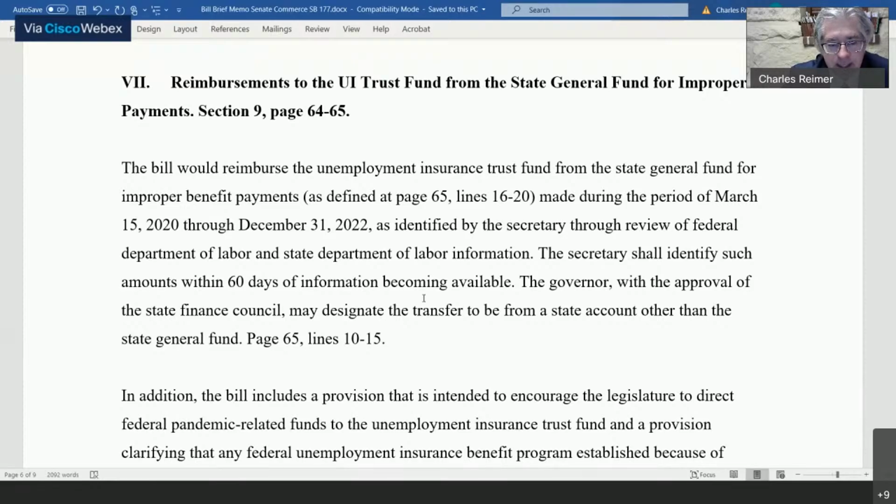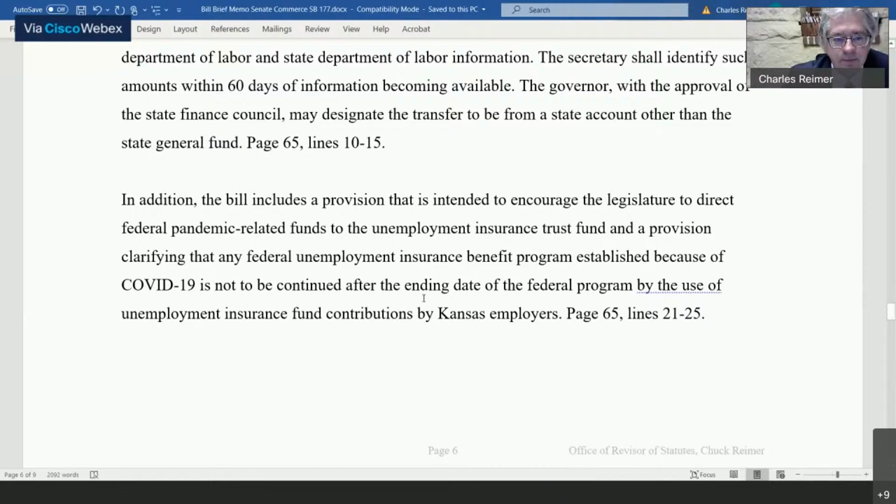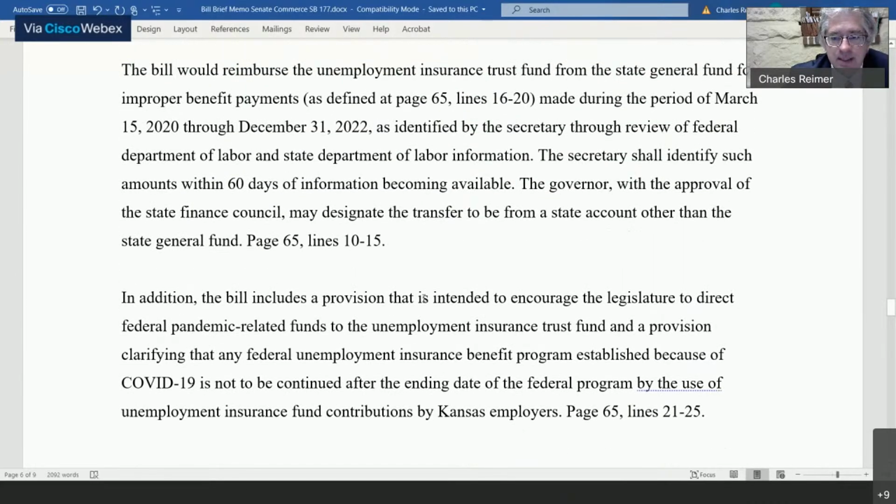And then within 60 days, certifies or identifies that amount, and then certifies that amount to the governor for the purpose of making a transfer. The governor can also designate the transfer be from a state account other than the state general fund with the approval of the state finance council, if for some reason that would be pertinent.